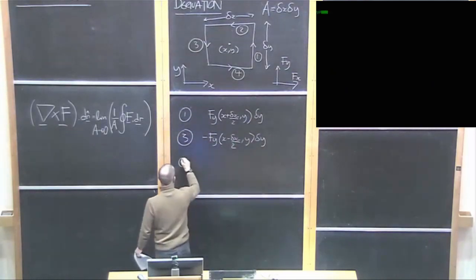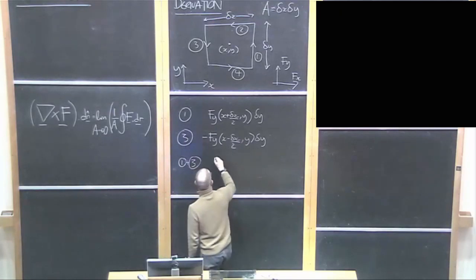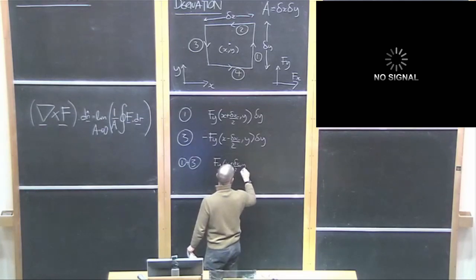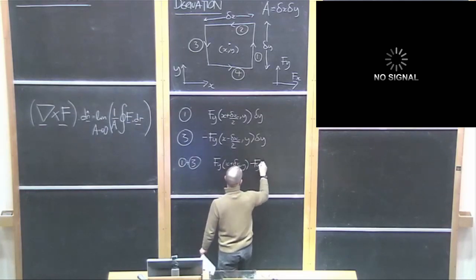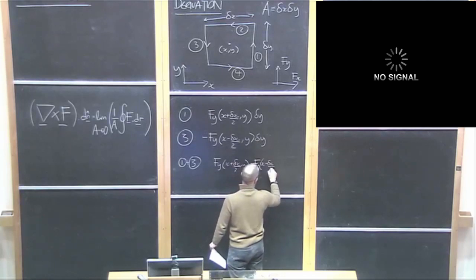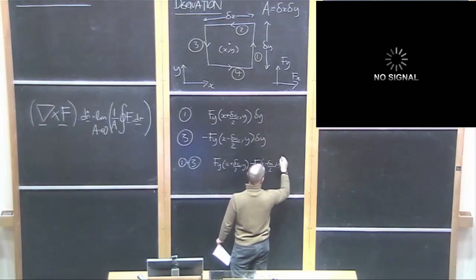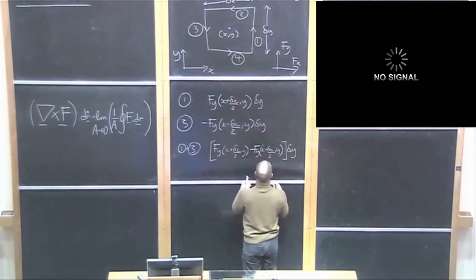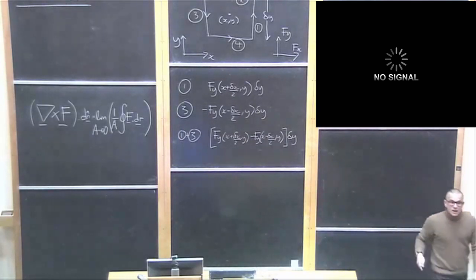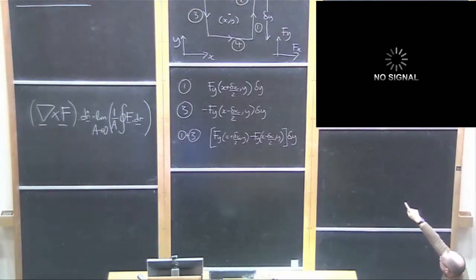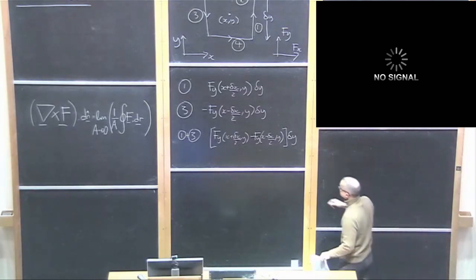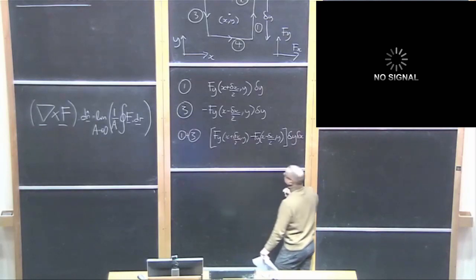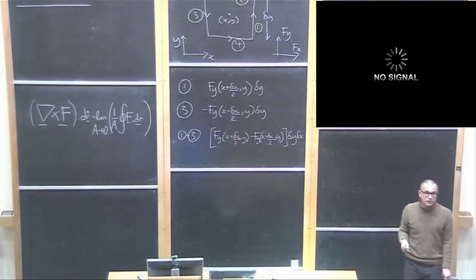So if I then sum up 1 and 3, I get Fy as it operates at x plus delta x over 2, y, minus Fy as it operates at x minus delta x over 2, y. And all of this is multiplied by delta y. So that's my line integral summing up sides 1 and 3 of this square here. Now, if I multiply the top and bottom by delta x, you'll see this is very similar to the tricks that we played when we were deriving the divergence.